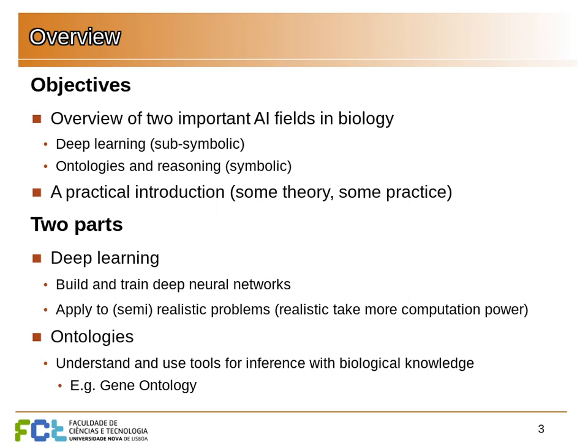This will be a practical introduction with some theory, but also aimed at trying in these 6 weeks to get you to be able to do something practical with these approaches. So basically, we are going to see in this first part how to build and train deep neural networks. We're going to apply this to semi-realistic problems, so basically things dealing with images and so on, which are very useful in biology, because there's a lot of applications of deep learning to medical imaging.